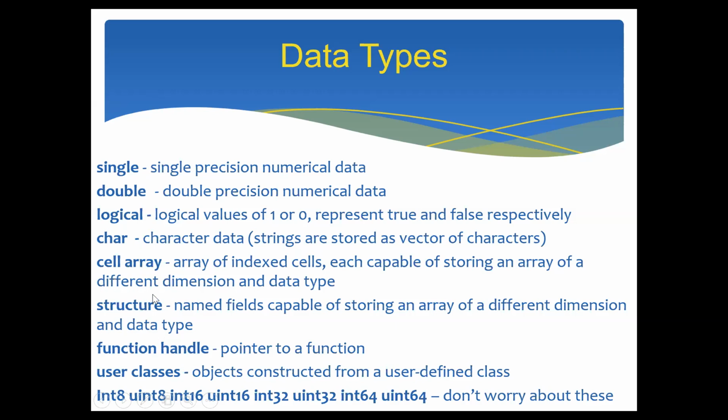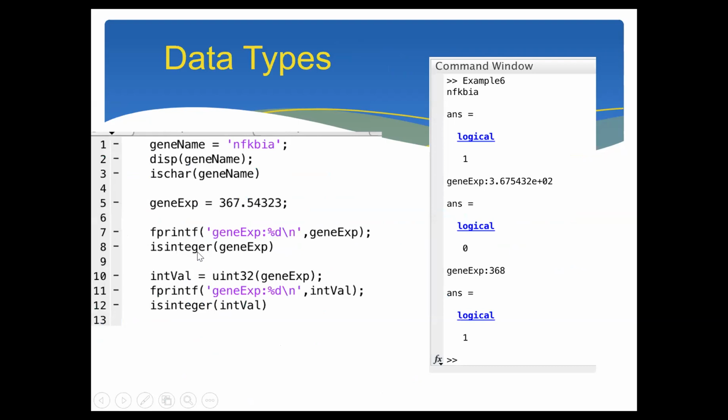Structure will not be mentioned in this class, but it's also commonly used. And function handles are a different thing from functions, which will also not be mentioned in this class. These are a bit more advanced data types, but just to introduce that there are different data types.